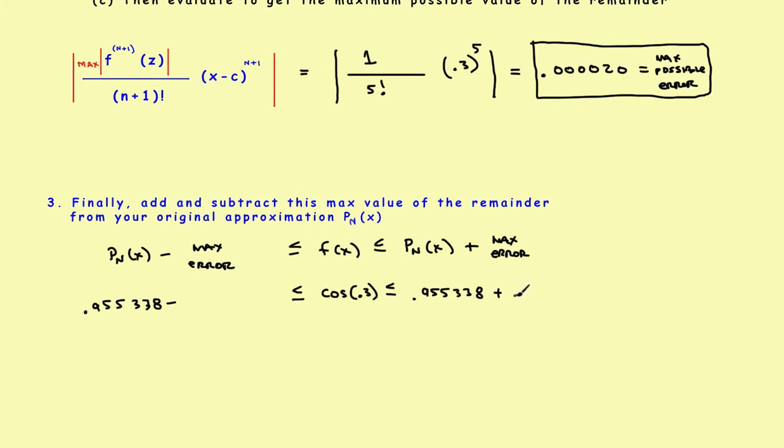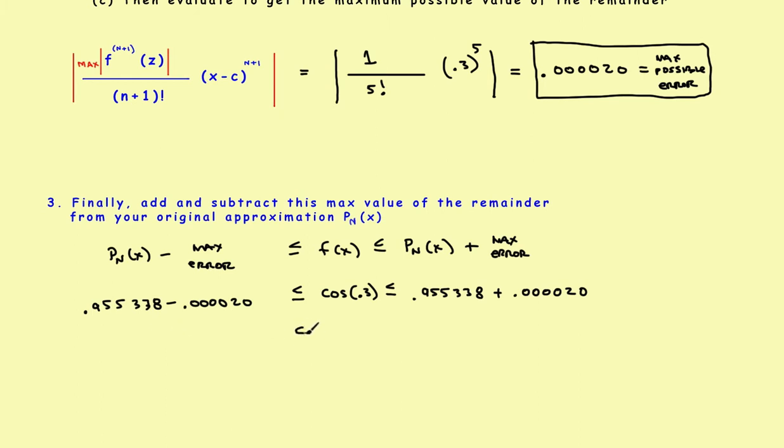So this will be 0.000020, and this is going to be 0.000020. So from your estimate, you add the maximum error and you subtract the maximum error.